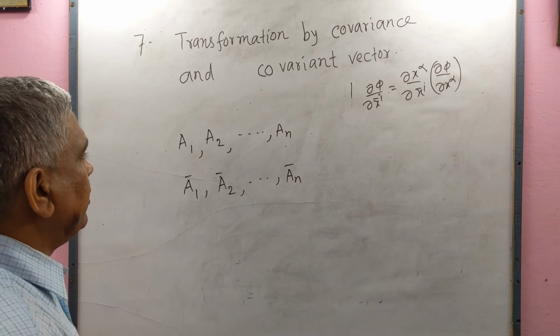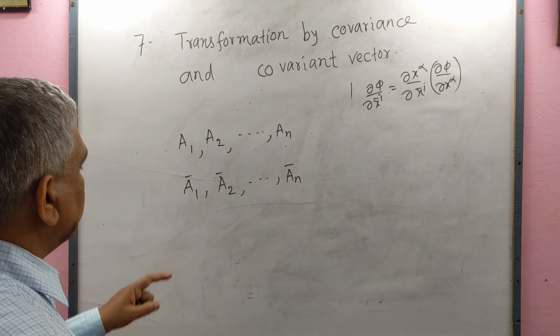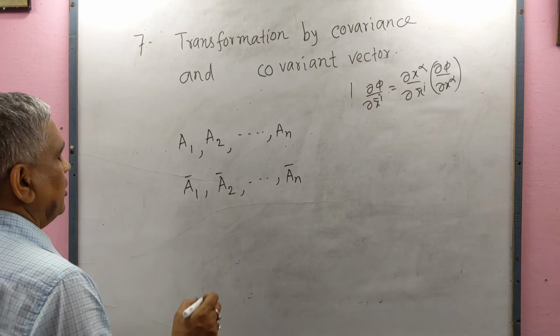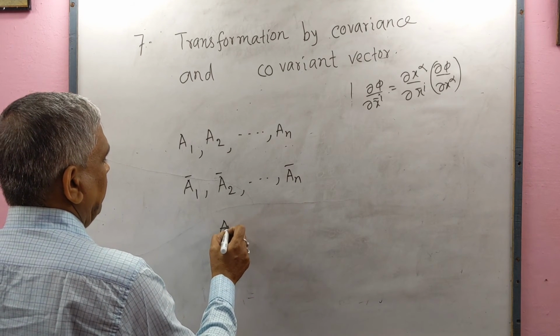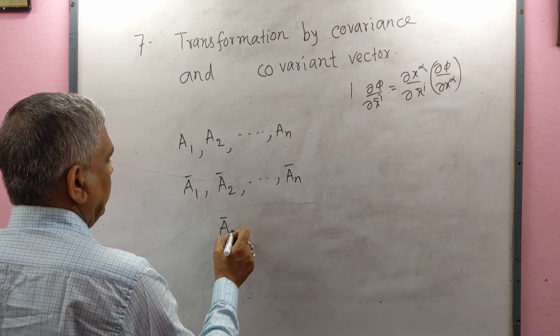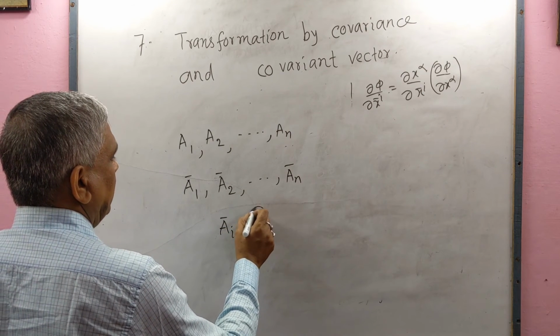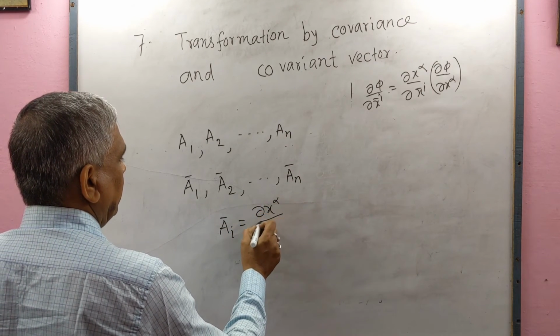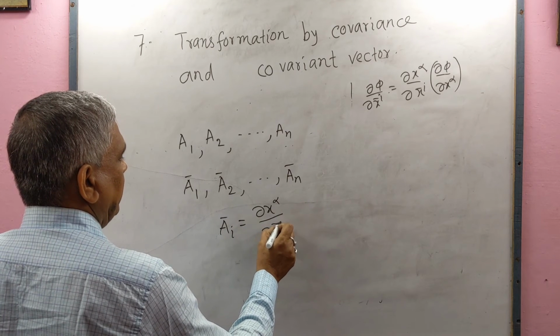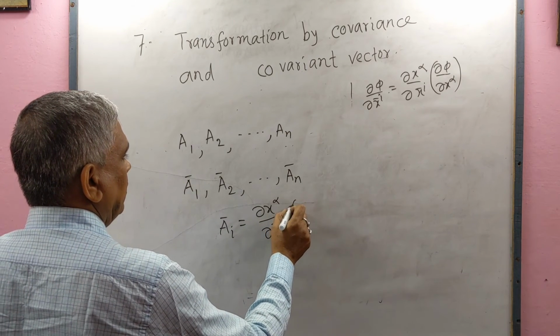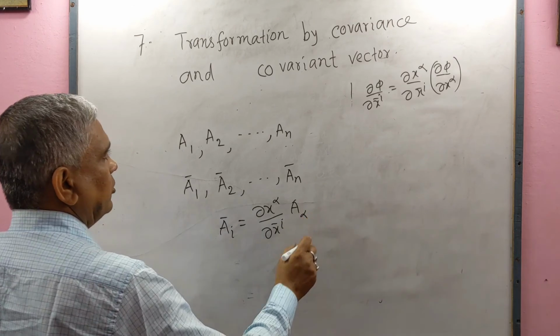The relation between two system of coordinates be a bar i equal to del x alpha by del x bar i a alpha, similar to this.